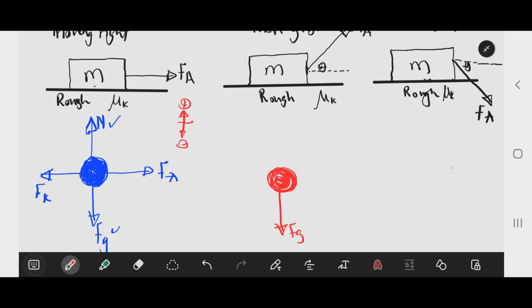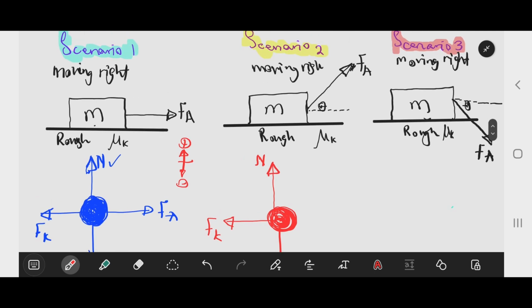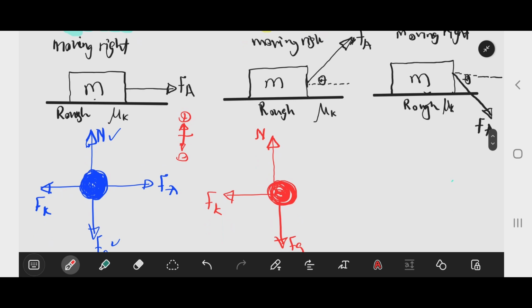Pointing upward, which is perpendicular to the surface, because we have a surface. And since we have a rough surface, we will have kinetic friction in that direction, okay? And we also have our applied force, which is applied at an angle theta.